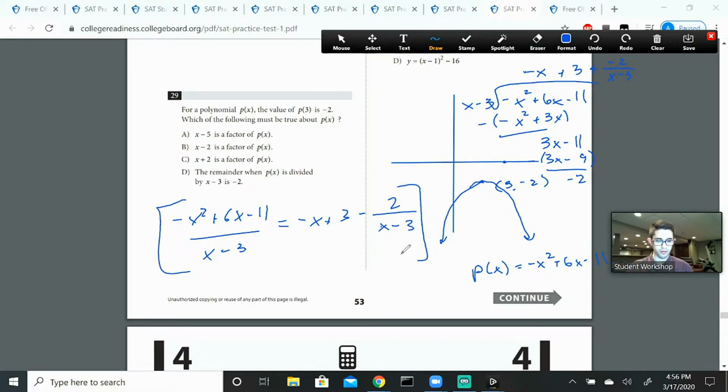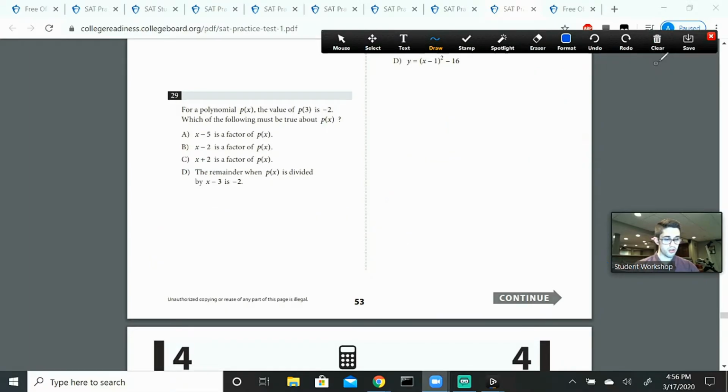Now maybe you are thinking that I picked that polynomial because that one specifically has negative 2 as a remainder when I divide it by x minus 3, but I will show you in more general terms why this is always true. So let's take a P of x, and we'll divide it by, let's say, just some factor x minus a.